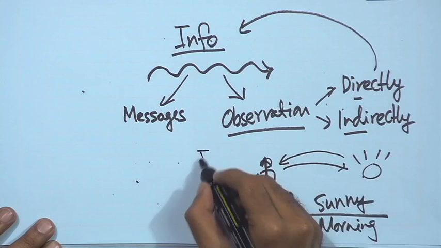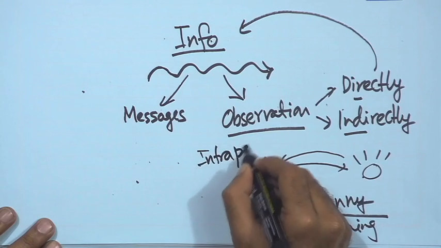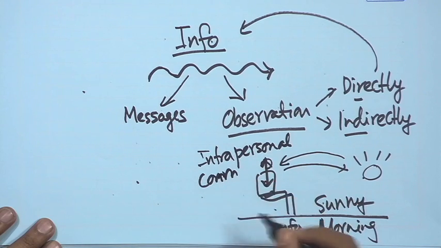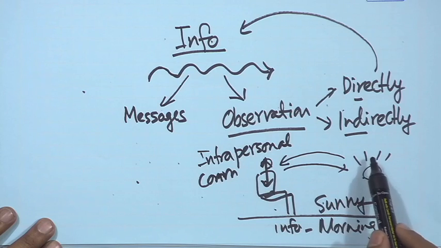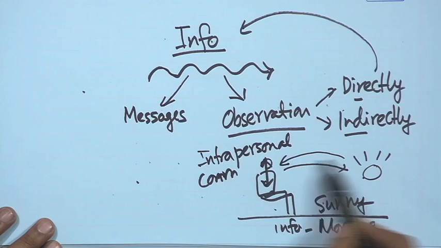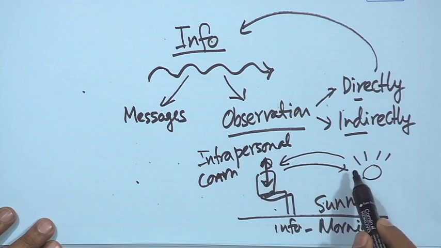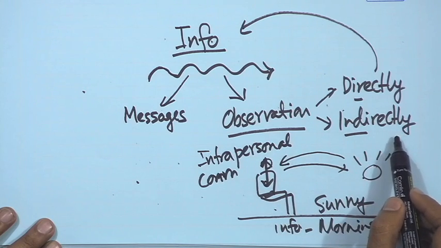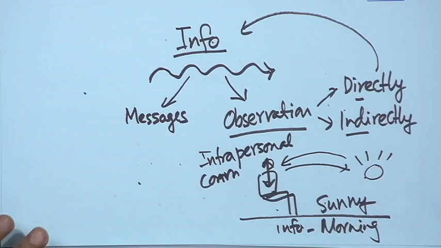We have talked about intrapersonal communication last day. So, this is a form of intrapersonal communication which is happening because of the information percolation, conveyance, based on a direct observation. Similarly, there could be indirect observation which keeps on happening in our day-to-day lives.